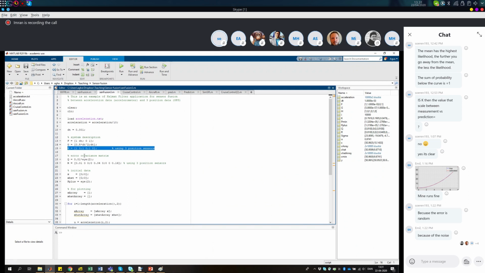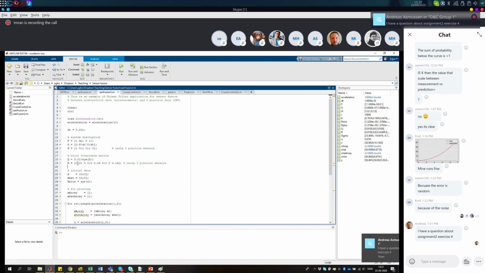Right? So this is 3 times 2, meaning that this H times X plus this R should also be 3 times 3. It should be 3 times 3 because you have 3 sensors. Was it clear? I think so. I'll just have to look into it. Okay, that's fine.